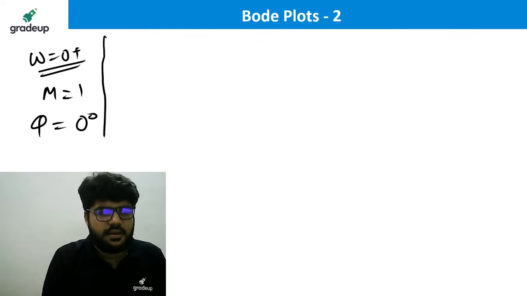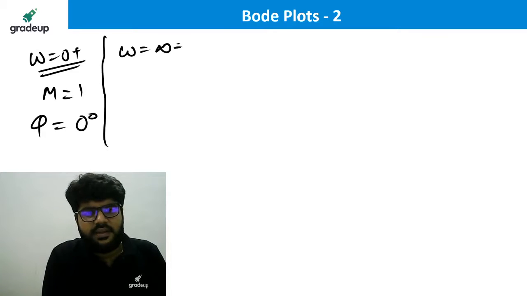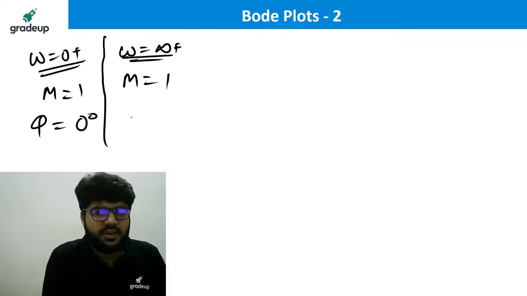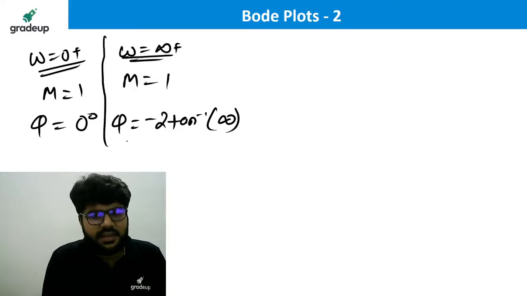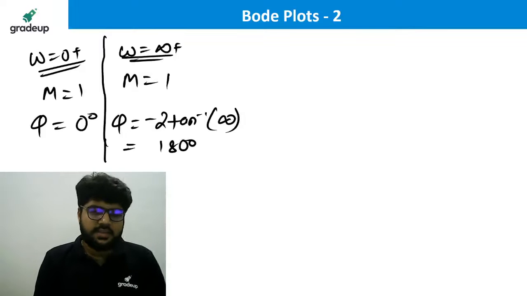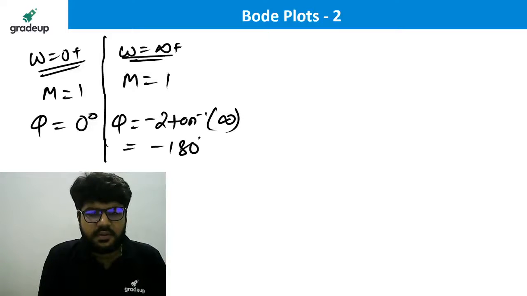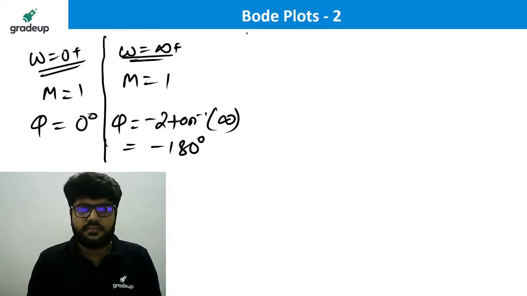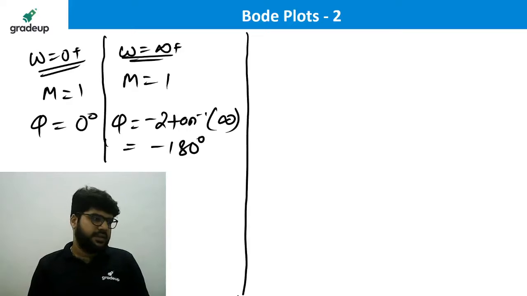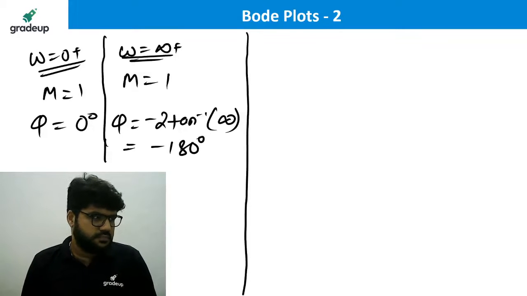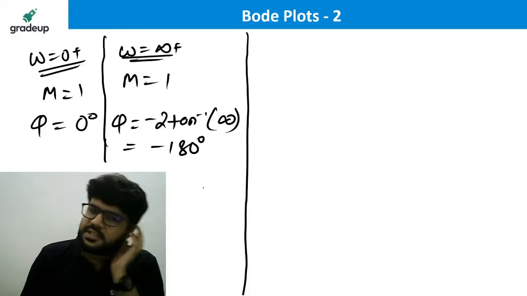At omega equal to infinity plus, magnitude is always 1, and the phase will be minus 2 tan inverse infinity, that is minus 180 degree. Okay, so this is the phase.